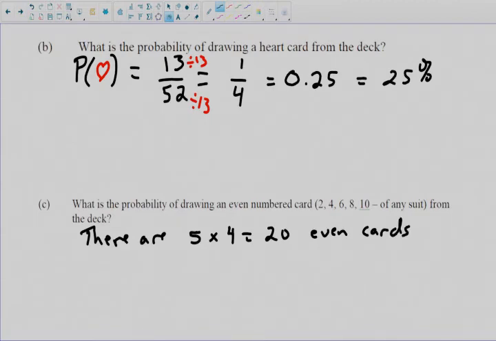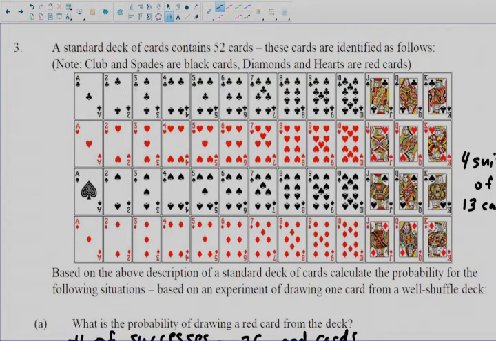I messed myself up there. I'm just going to make sure that's right. So again, 1, 2, 3, 4, 5 even cards. 5 times 4 is 20.